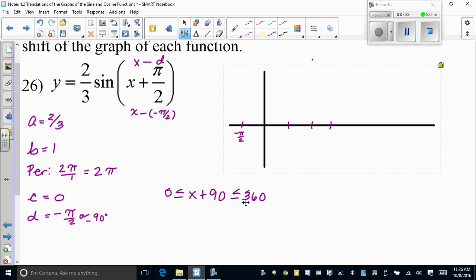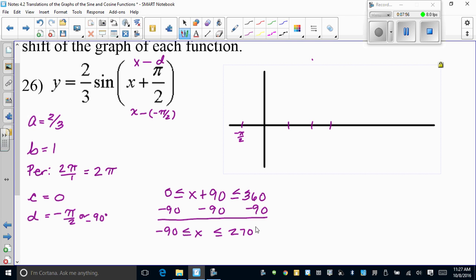But I'm changing some things, so I have to identify where this rotation actually started. So that's where this comes in. I'm going to subtract 90 from all three parts. So I get negative 90 is less than or equal to x, which is less than or equal to 270.